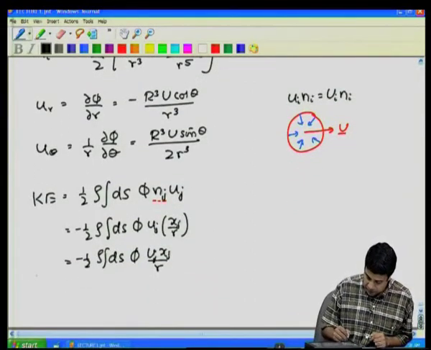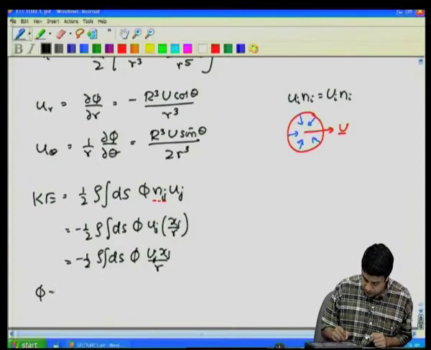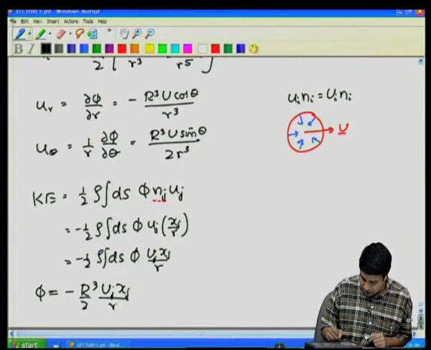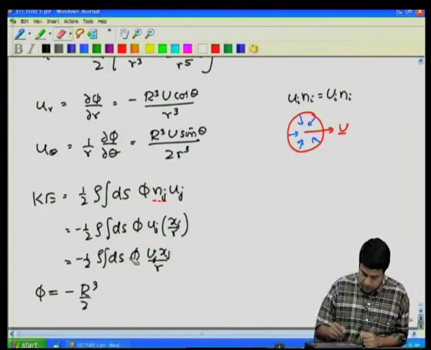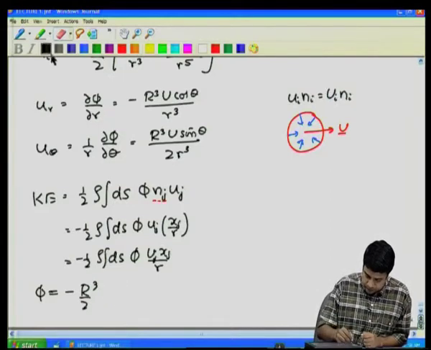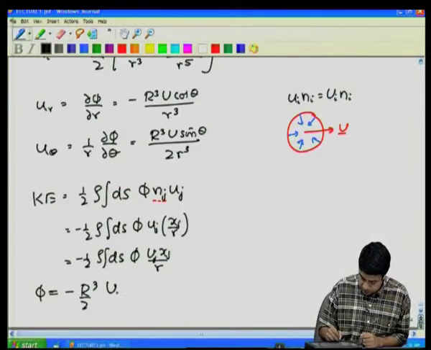And for this phi, I substitute phi is equal to minus R cubed by 2 U_i x_i, I should use another index here, by r cubed.